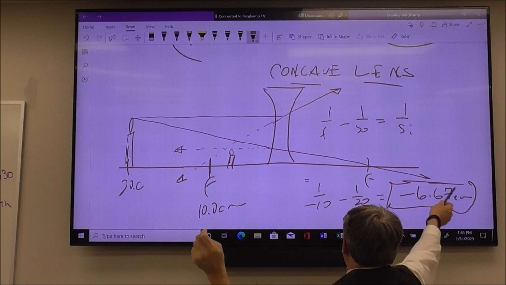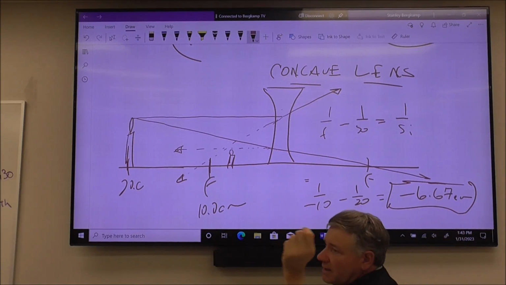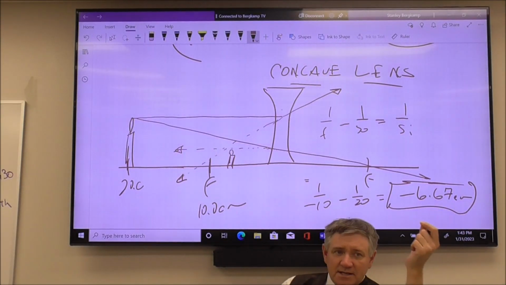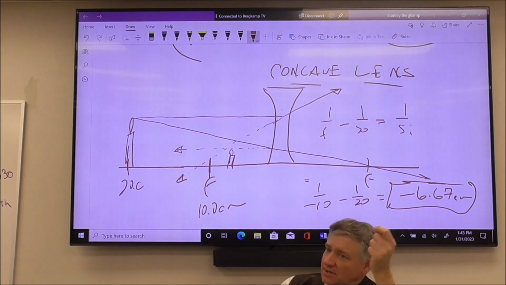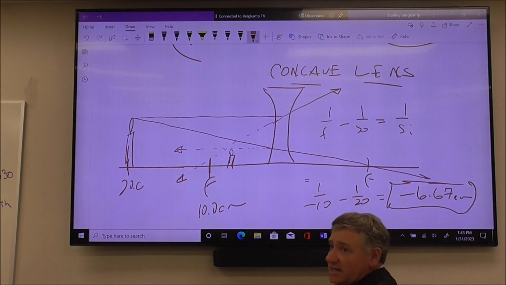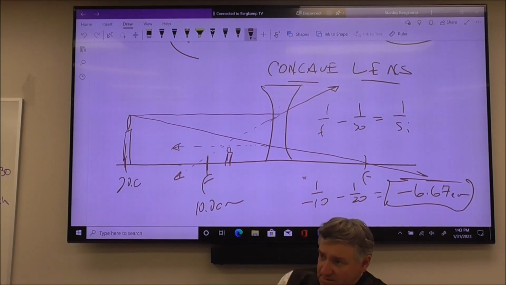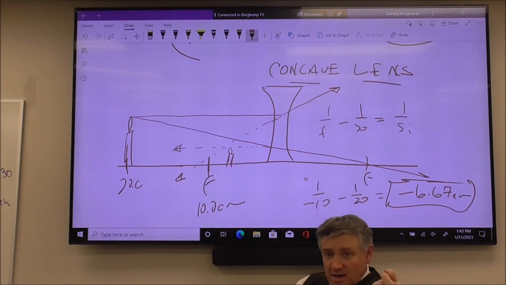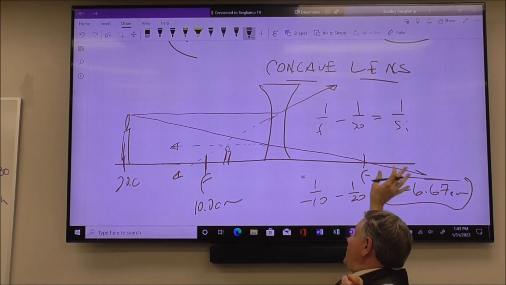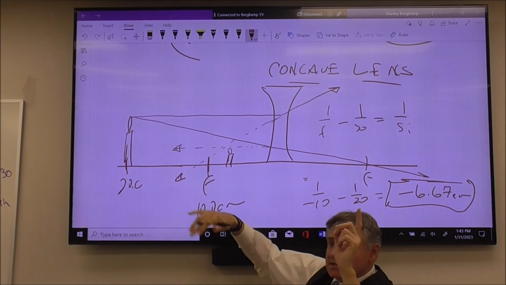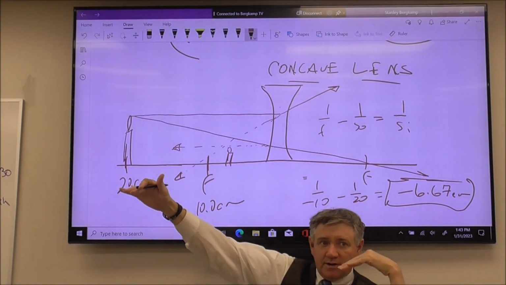Now, let's talk about the sign of that image distance. Notice this one has a negative value for the image distance. What that tells me is that this is in the opposite direction that the light is going.